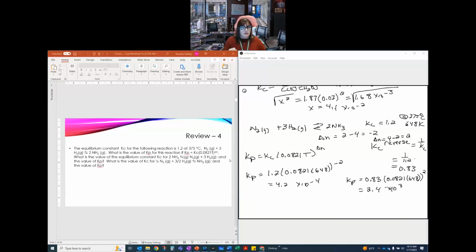They then want to know, what is the value of Kc for one half N2 plus 3 halves H2 goes to NH3? Okay. So the first equation that I had, N2 plus 3H2 going to 2NH3, we're going to take that and divide it by 2.